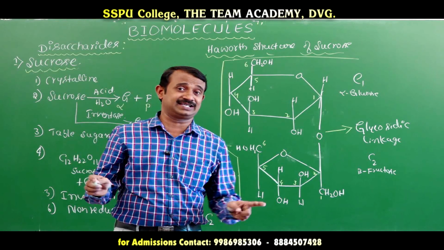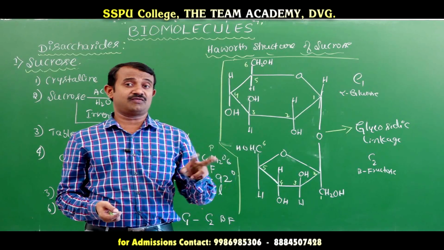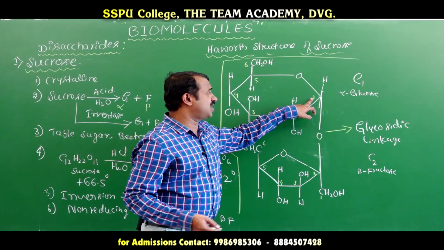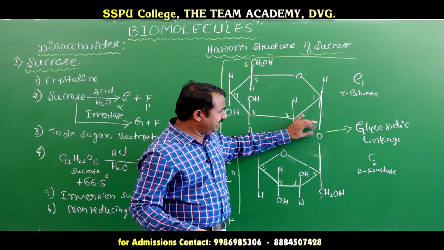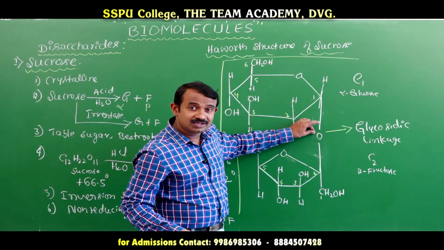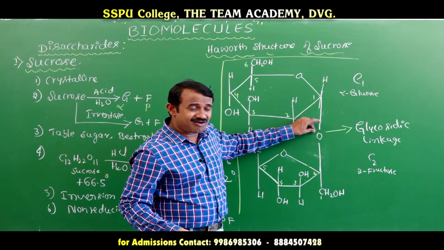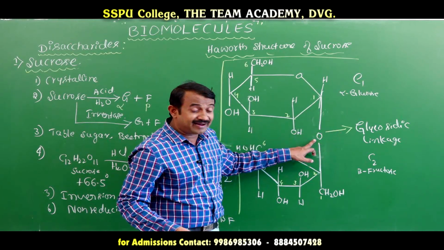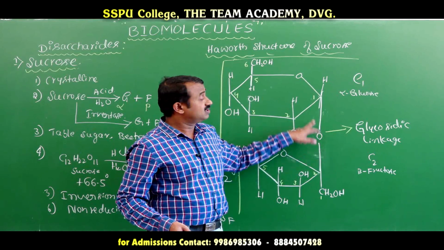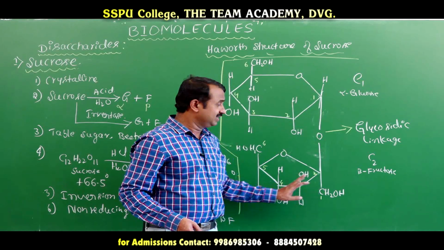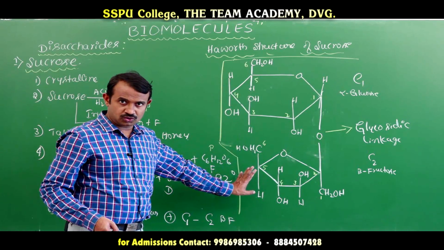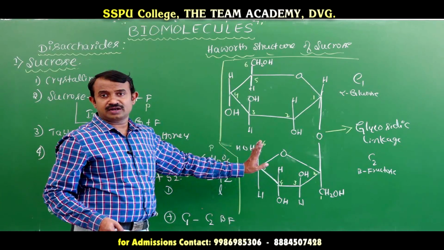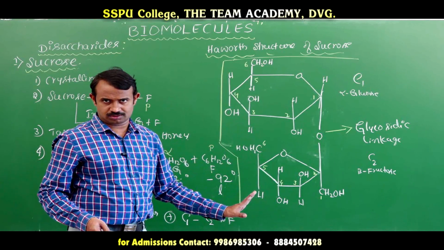They will ask it in the entrance examination. Elimination of water between C1 carbon of alpha glucose and C2 carbon of beta fructose gives the linkage called glycosidic or oxide linkage. The functional group is ether. This is the structure of sucrose, and it is a non-reducing sugar.